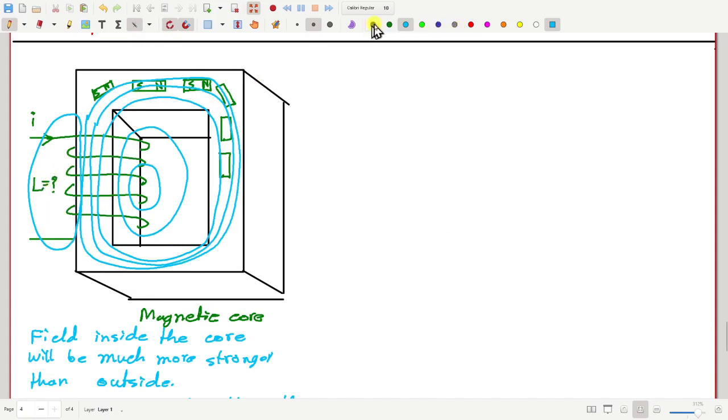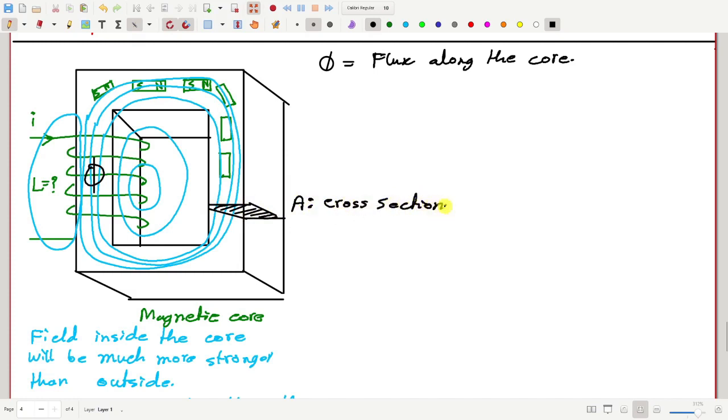So now what we will do is this. Suppose phi is the flux along the core. Suppose the cross-sectional area of this core is A, and suppose this cross section is constant throughout, which may not be the case actually, but let us assume it is approximately constant.